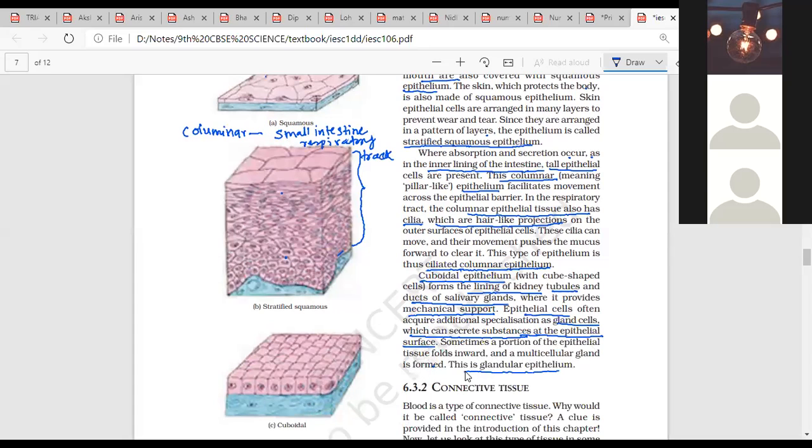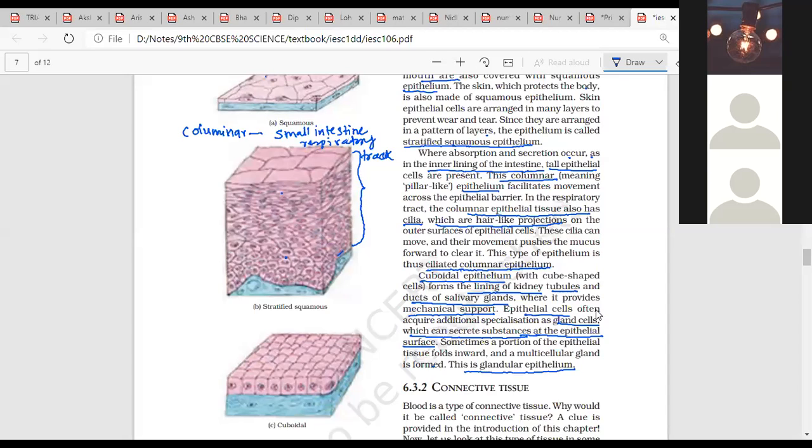So gland is formed with the help of this epithelium. Those are called glandular epithelium, and they secrete chemicals, hormones, enzymes.